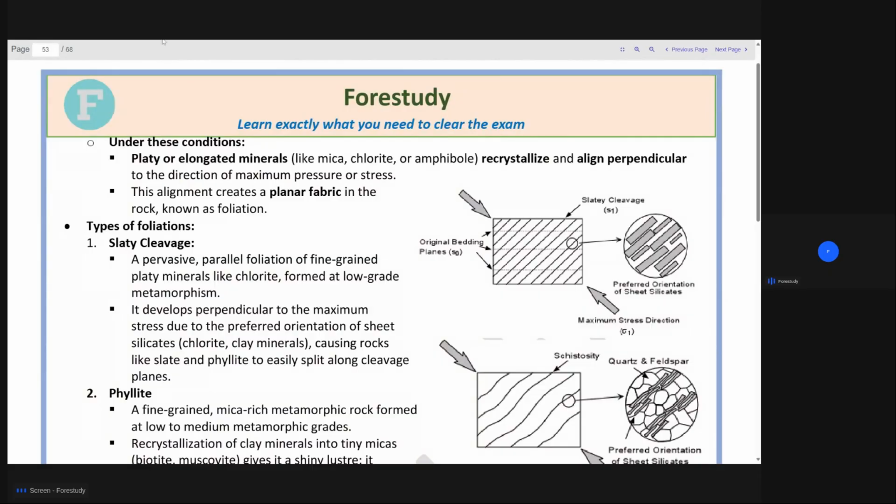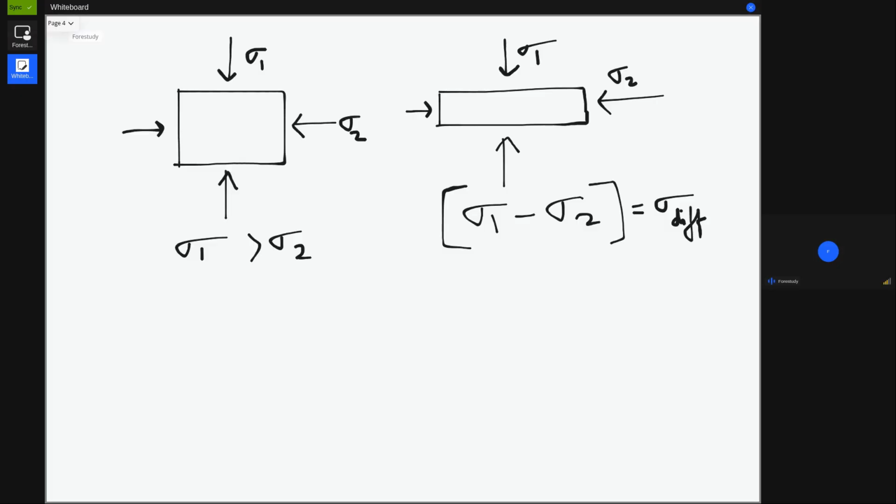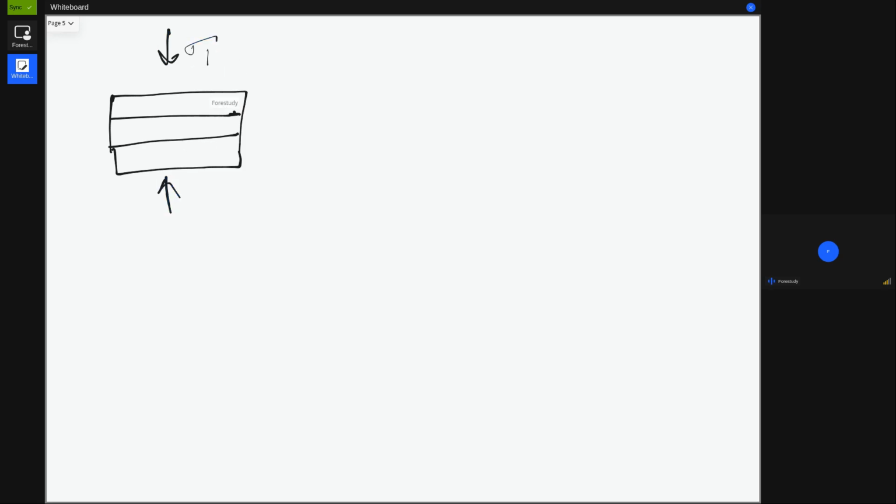So remember, foliation can be parallel to the bedding planes, or it can be at an angle. Say we have a bedding or layered rock, a sedimentary rock, and it gets differential stress like this.